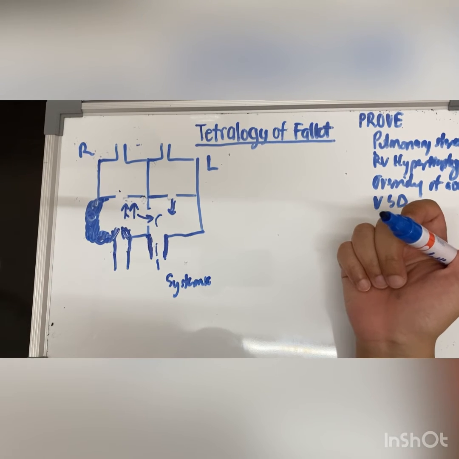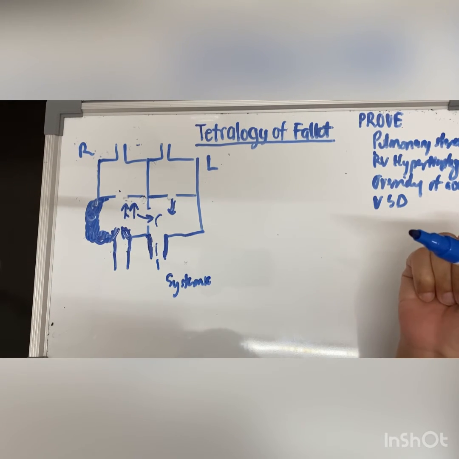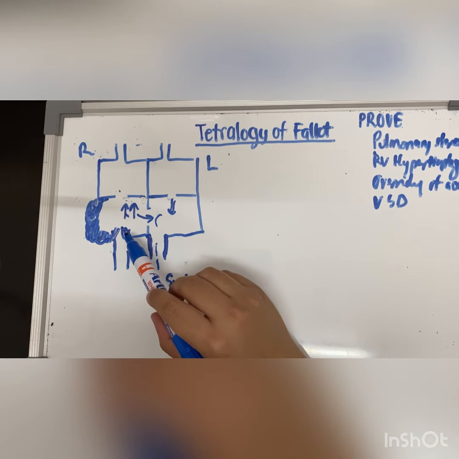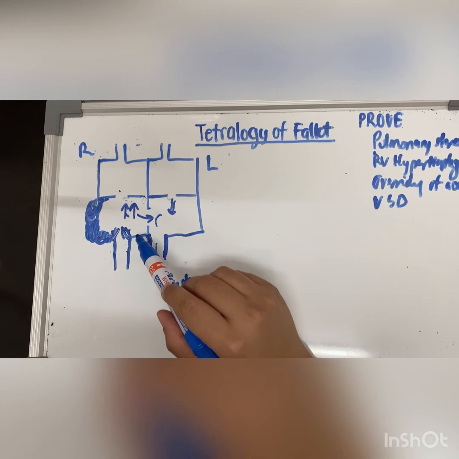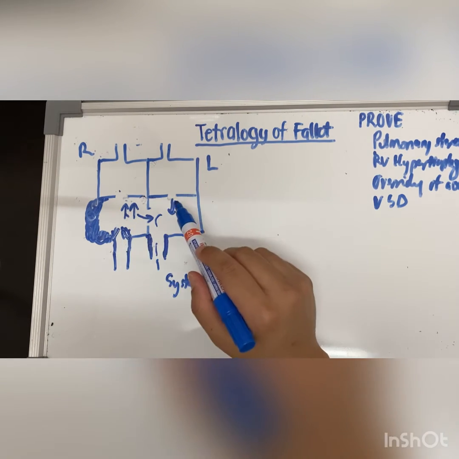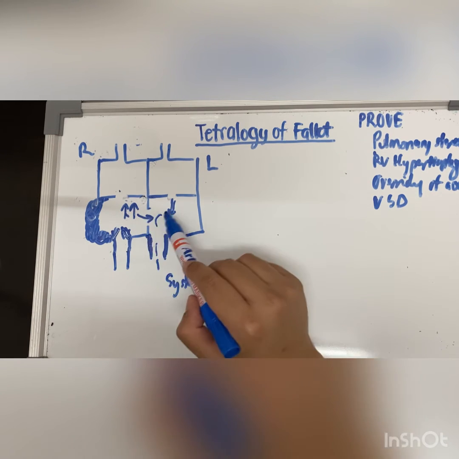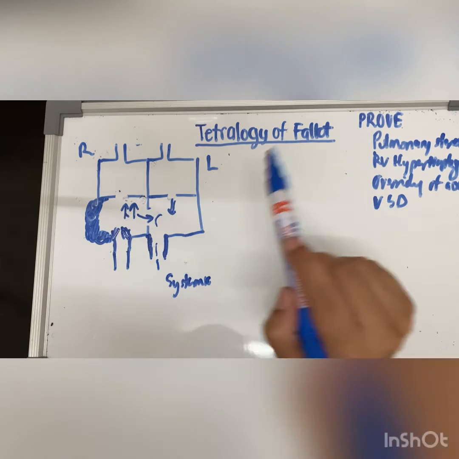So what determines the severity of the cyanosis is the degree of stenosis at the infundibular. So the higher the stenosis means the higher the pressure, means more blood will be shunted to the left side.